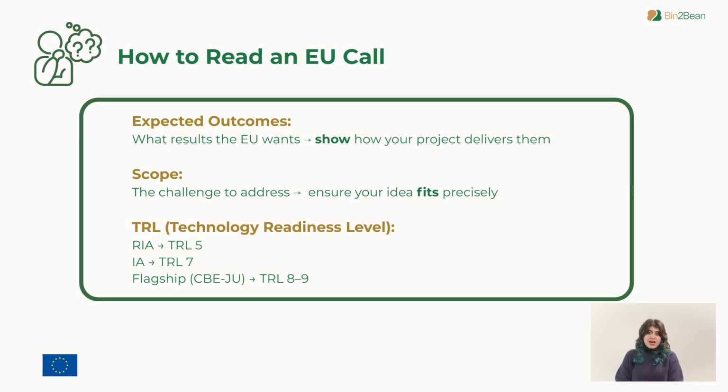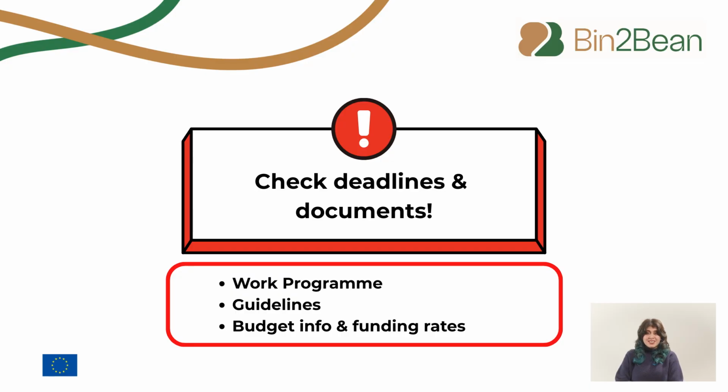For example, RIA projects should achieve a TRL around 5, while IA projects should achieve 7. Flagship projects, which are more characteristic of CBE JU, should achieve 8 to 9. Make sure your project is at the right TRL for the call you're targeting. Otherwise, it can be considered out of scope or receive a lower evaluation.